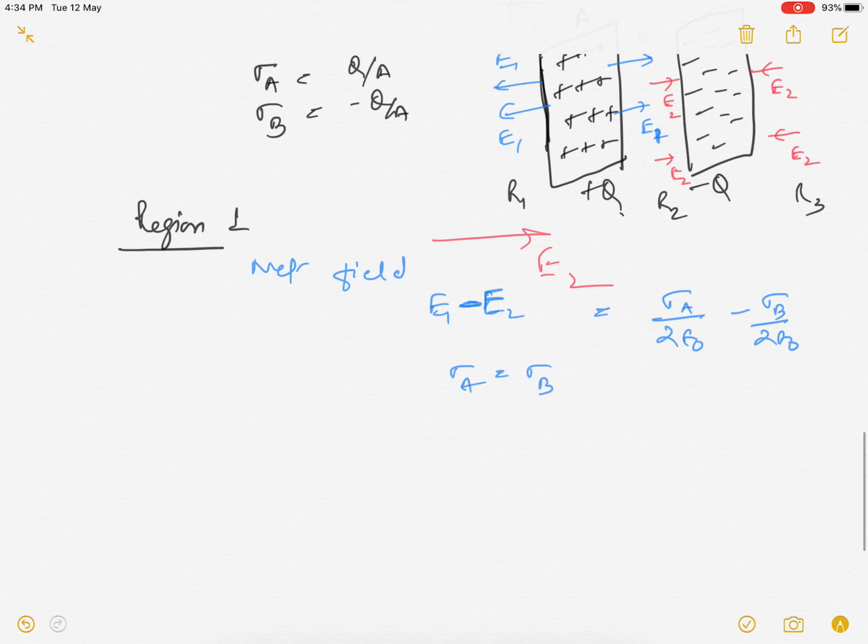Sigma A and sigma B here are equal because the same charge plus Q has been induced on the other conductor B. So Q A is equal to minus Q B. So both are equal. Therefore the field outside, that is in region 1, becomes 0.